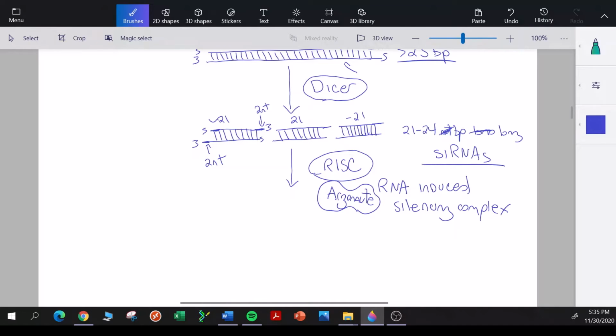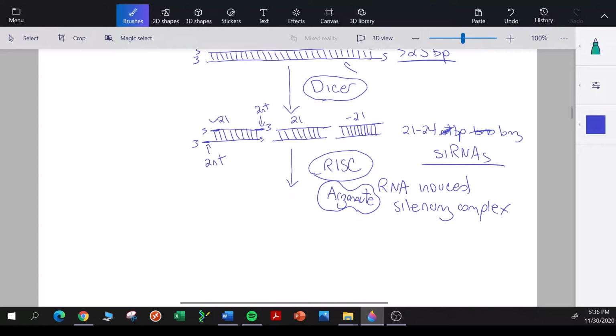So the argonaute protein is a component of the RISC complex, and it binds to the short interfering RNA. Actually, it binds to one strand. It uses only one of the strands, and the other strand is lost. There's a complicated mechanism by which one of the strands of the short interfering RNA is loaded into the RISC complex, but we won't discuss that.